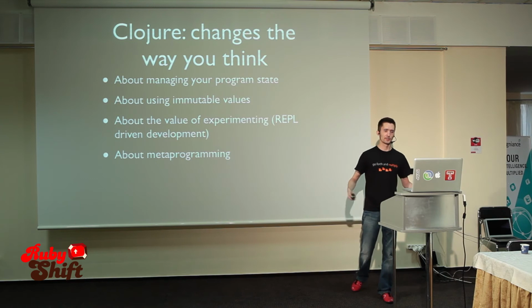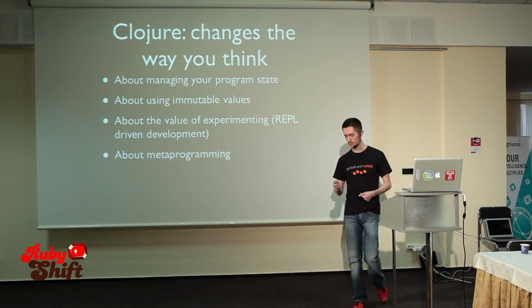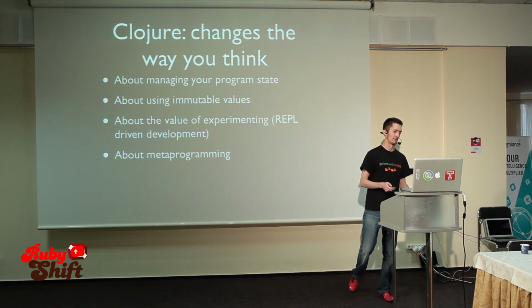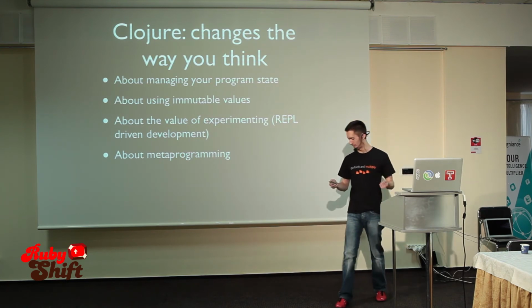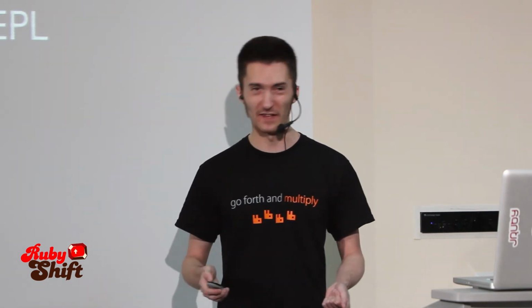It changes your perspective on metaprogramming, which means that you grow up, basically. So what does that mean? Well, first of all, you don't abuse it, which I think is relevant to Ruby people. And you also understand that Ruby actually has a very good metaprogramming story, I would say.